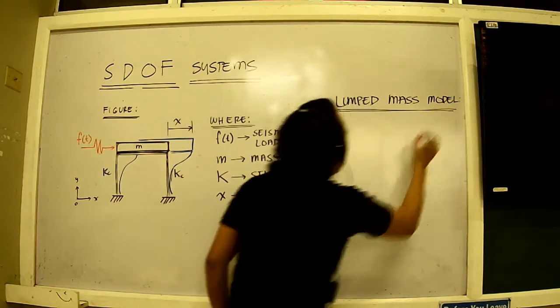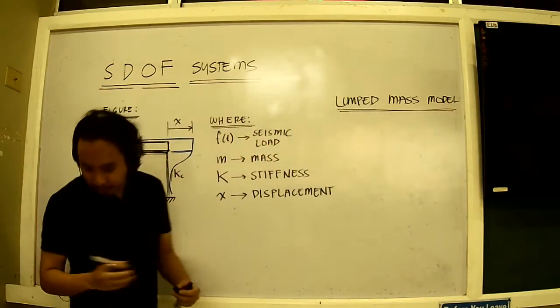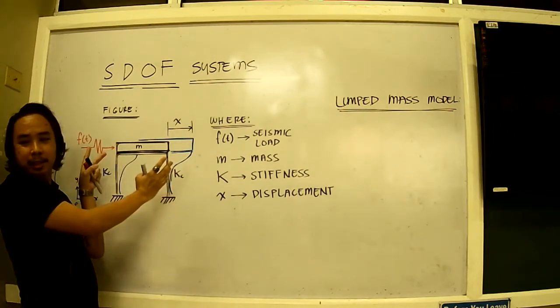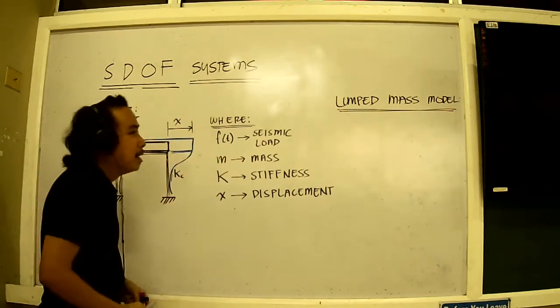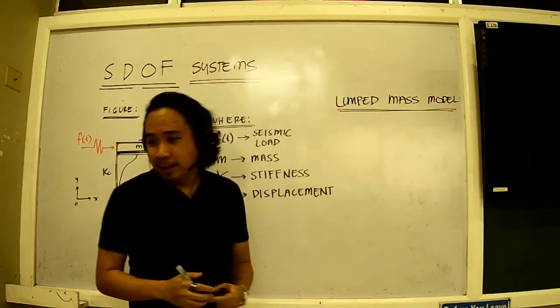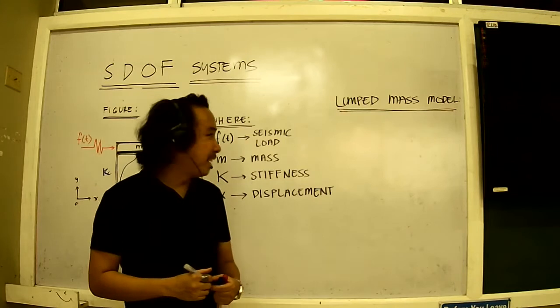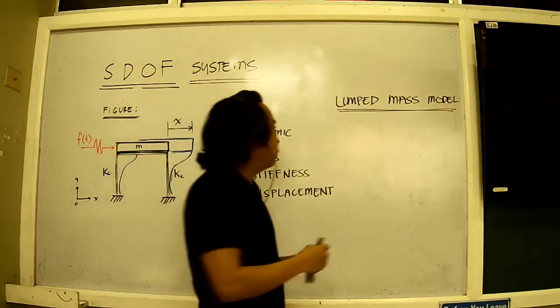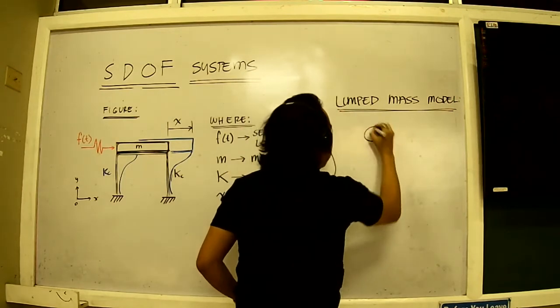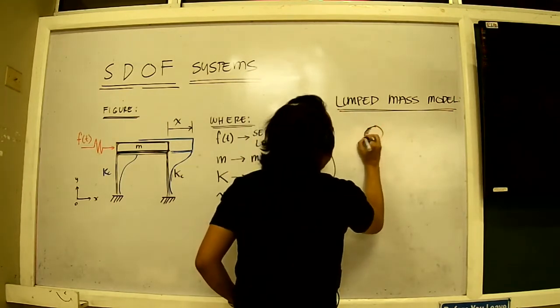Now, what we would like to do with the lumped mass model is convert this structure here into a simpler object that is easier to analyze. So I will create an equivalent system, but basically the same principle.